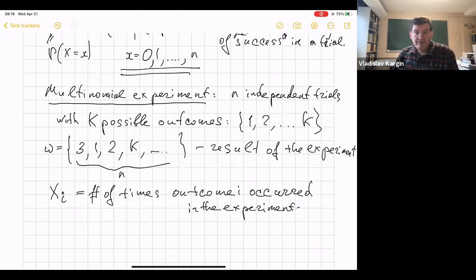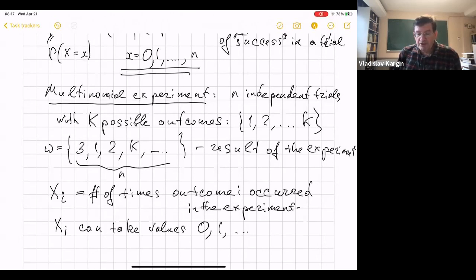And so this is it. Now you can see that in this case there is a constraint here. So xi can take values 0, 1, up to n, like in the previous example.